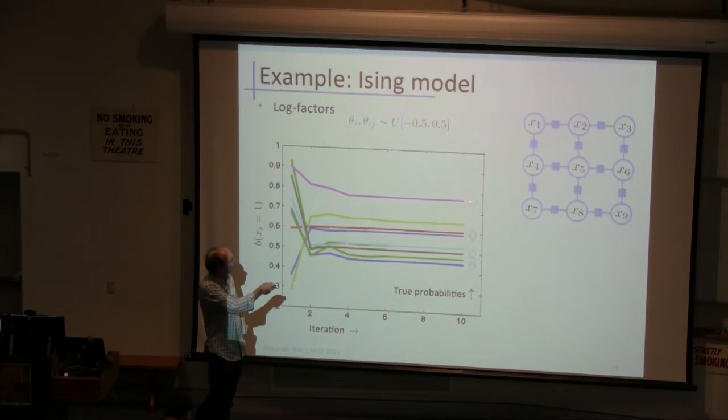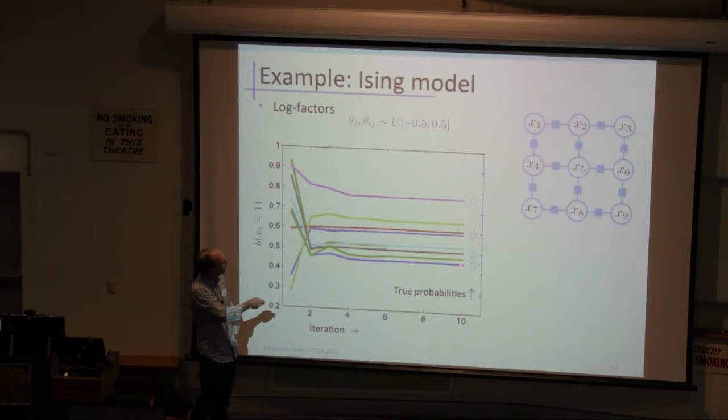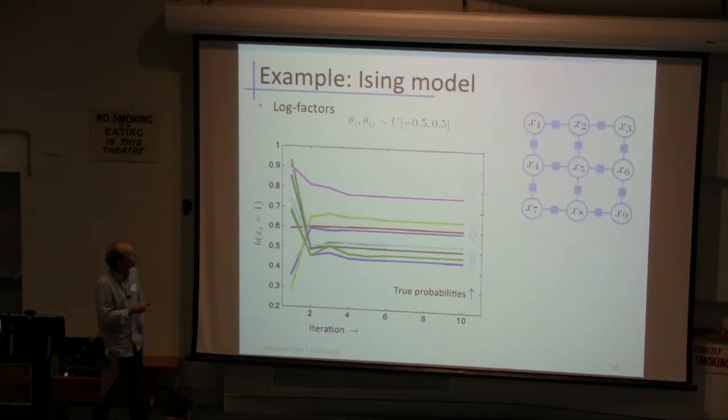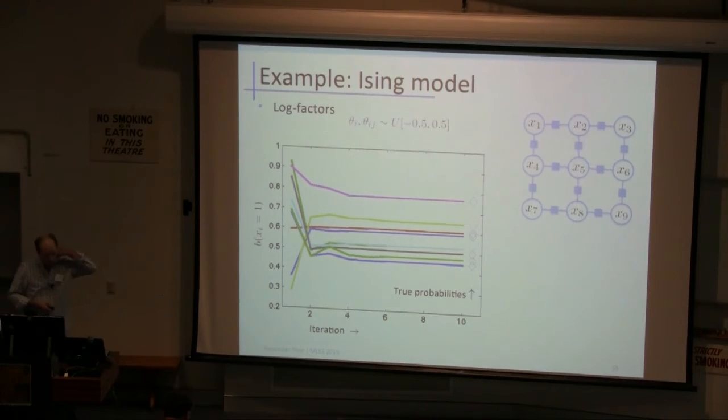These are the actual true probabilities, and these are what loopy BP converges to, which is not quite correct, but very, very nearly. So even though this graph is significantly non-tree structured, the model is simple enough and the algorithm is good enough that its marginal probabilities are quite accurate.